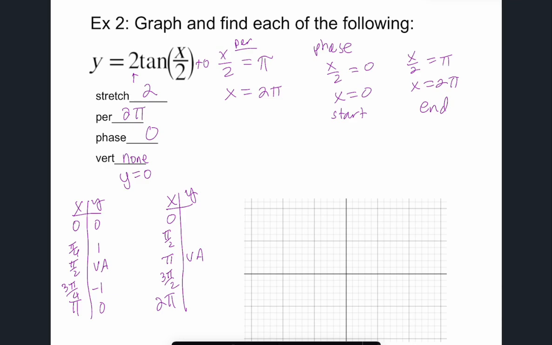Now, let's look at what we got here. The way that this is sitting, this is 2 times the old y value. It's just double the y value. So it's going to be 0, 2, negative 2, and 0. Because the only thing we have here, it's stretched out a little bit, and the heights have become 2 and negative 2.